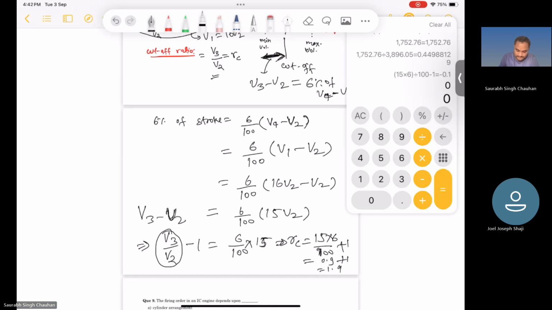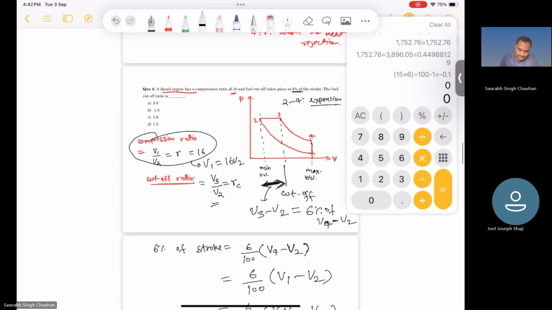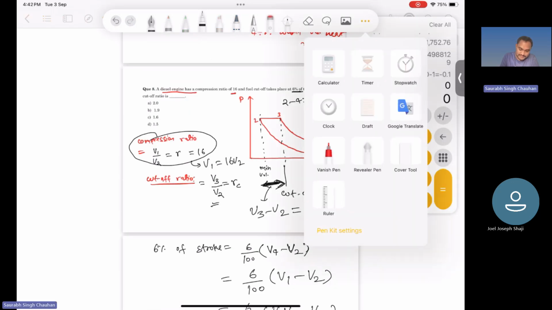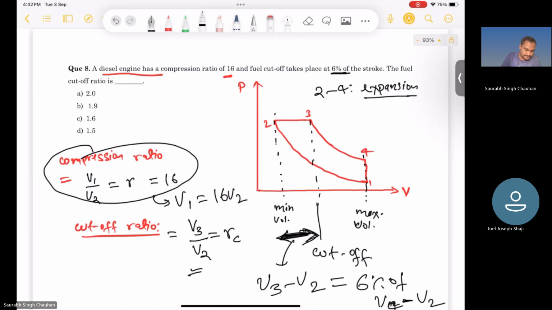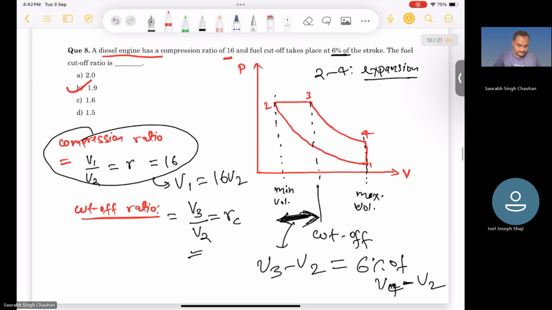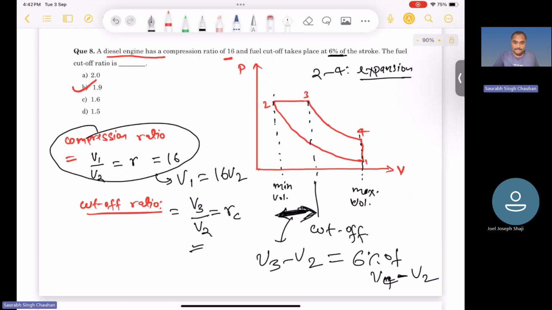Yes. So which option should be correct? Option B, right? 1.9. So I think it is clear. If you have no doubt, then we can move to the next question. Should we?